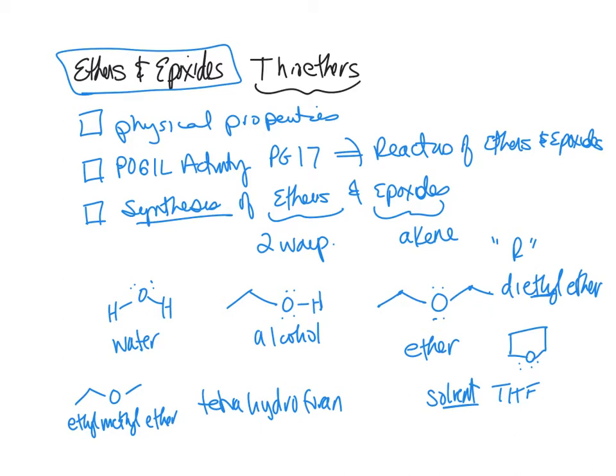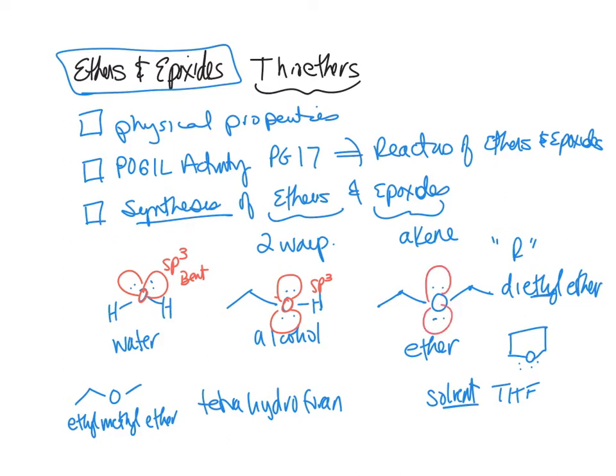Okay, so what about the structure? Water, what's the hybridization of water? That oxygen is sp3, and it's going to be bent, right? Alcohol is sp3 because that oxygen is connected to four things.